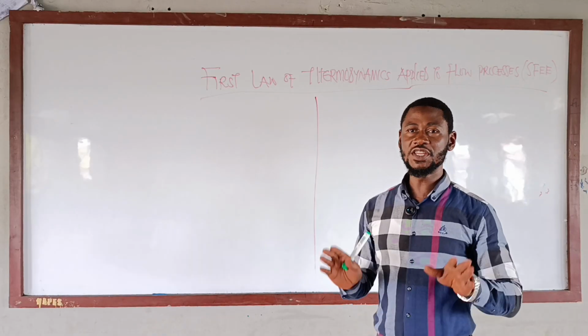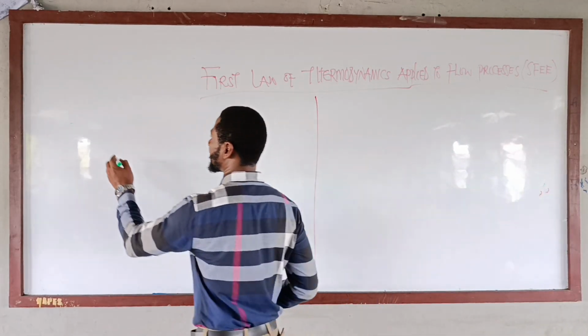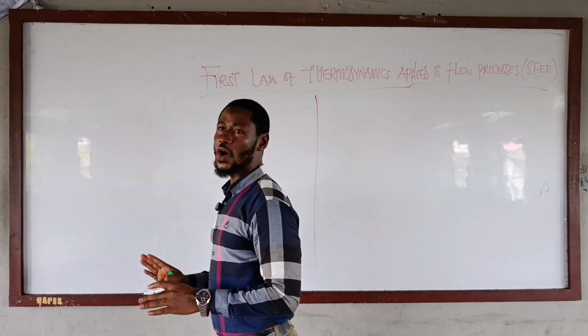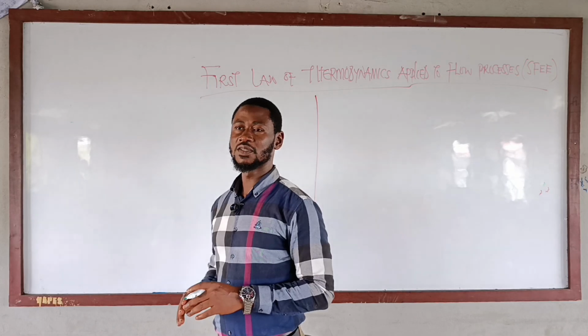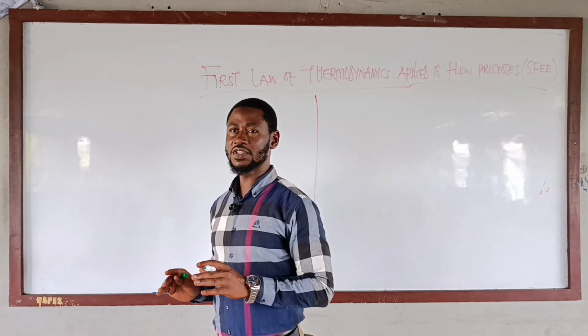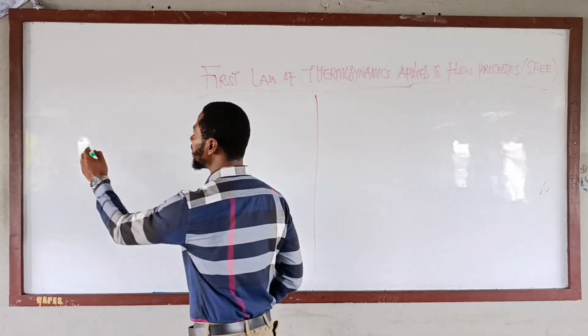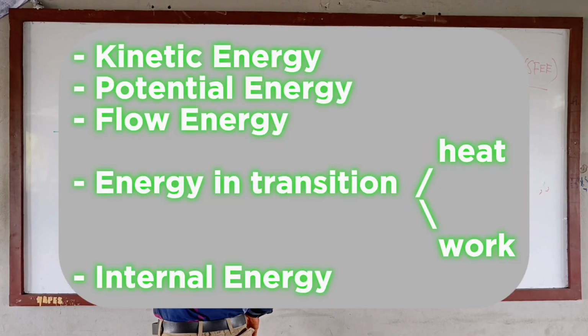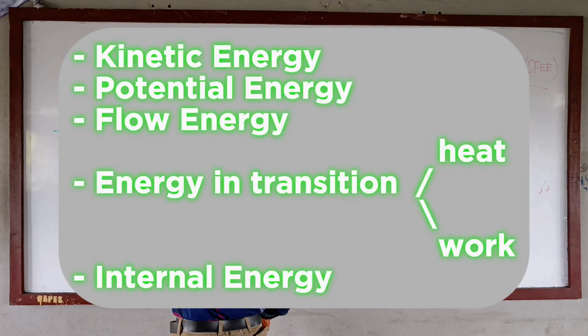Energy forms in a flowing fluid. We have 4 or 5 types of energy that occur in an open system. The first one is kinetic energy. The second one is potential energy.